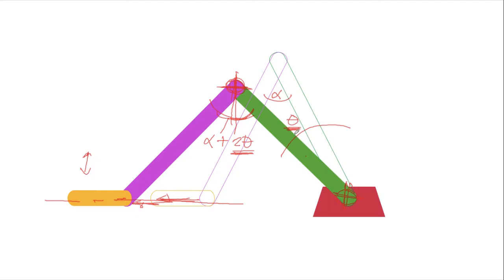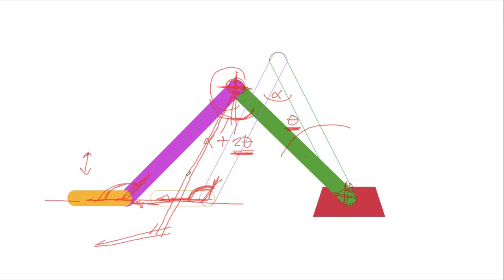So kung i-rotate ko lang siya by theta, it will be somewhere here and ito will be somewhere there. It will not be straight up and level. So I need to do 2 theta for this angle here. And if I do that, you notice that this angle there, now it has grown bigger too.